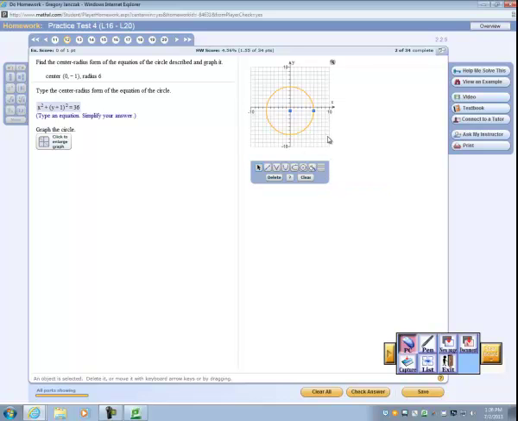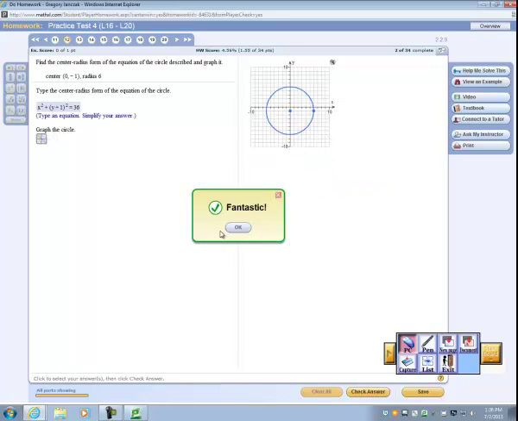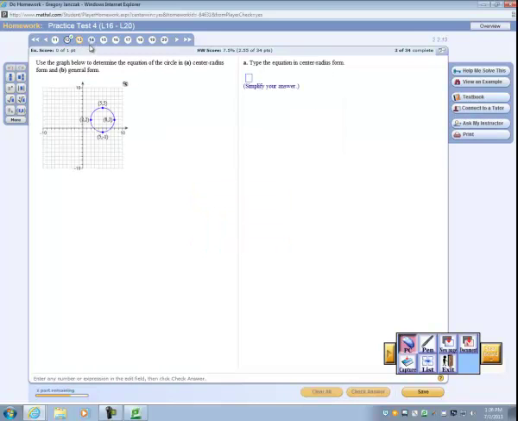All right, questions with that? Okay. Use the graph below to determine the equation of the circle, center, and radius. Okay, basically, the center. How do you find that?